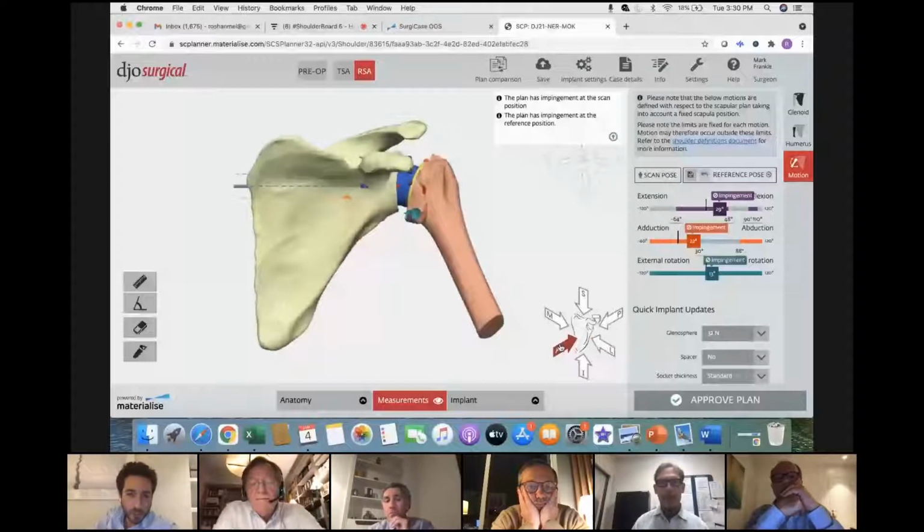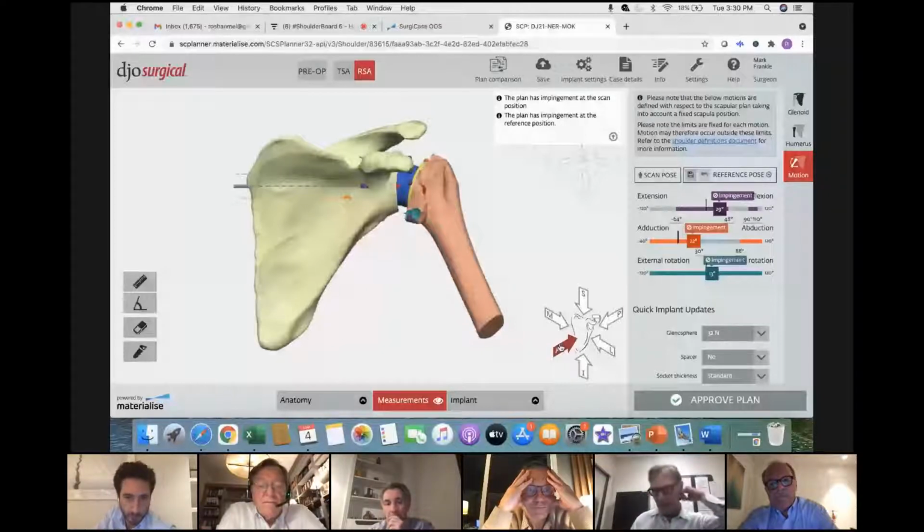Does it change anything if the patient has no more cuff for you? Because is it relevant to retention of a cuff that is no longer there? I don't know that, certainly if there's less cuff, I tend to make some adjustments in terms of what I think the soft tissue tension should be.